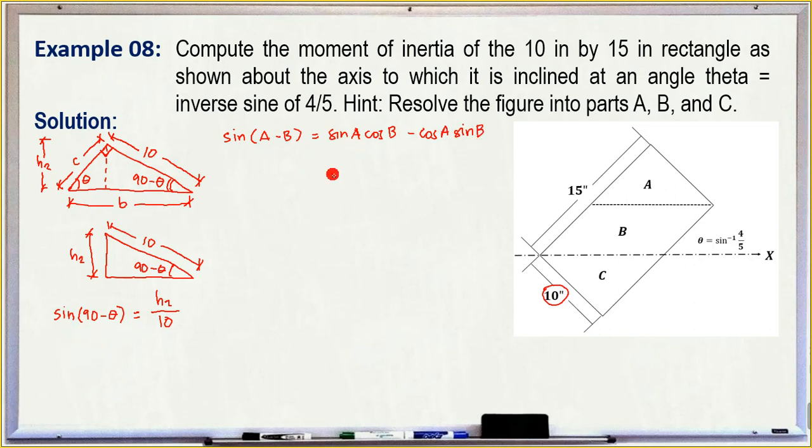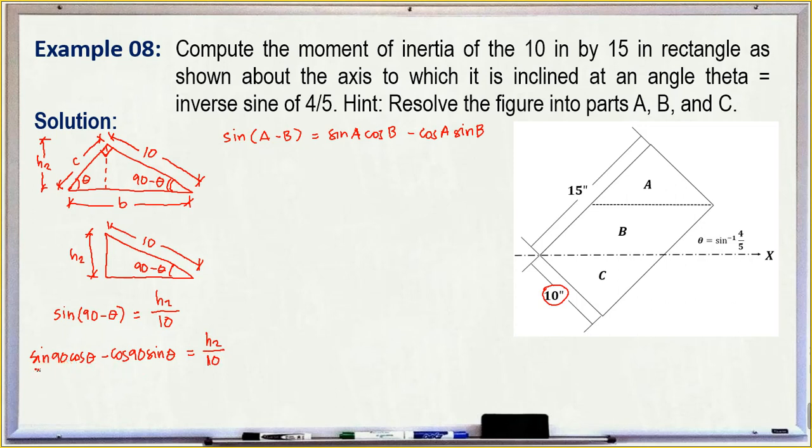We're going to use this identity. So we have sin 90 cosine theta minus cosine 90 sine of theta equal to h2 over 10.